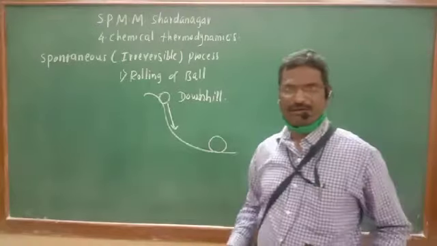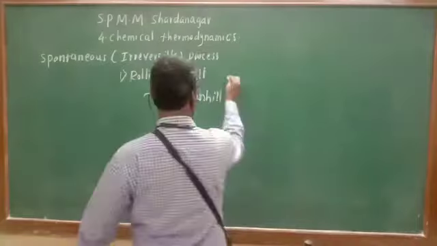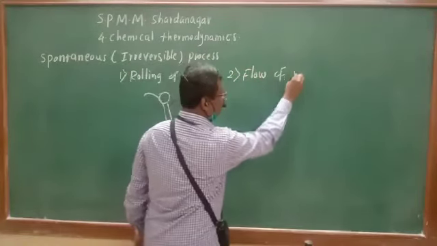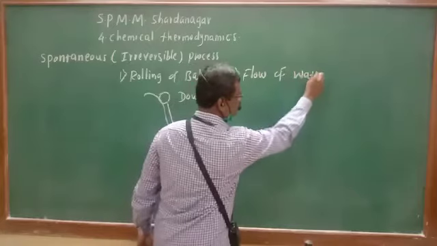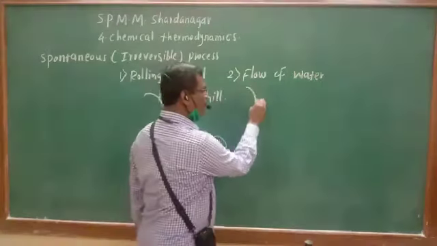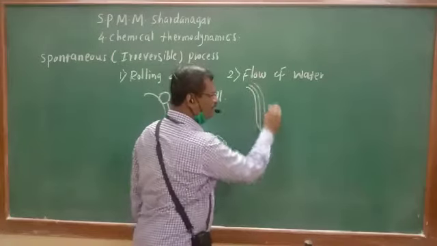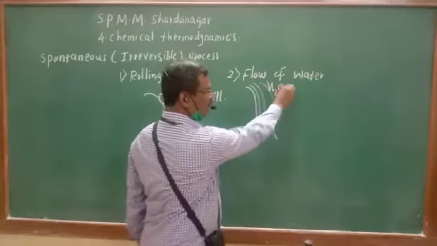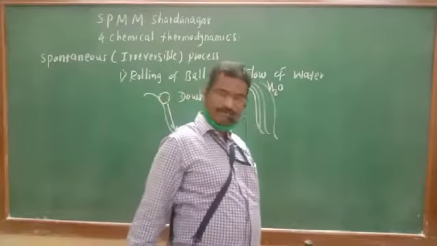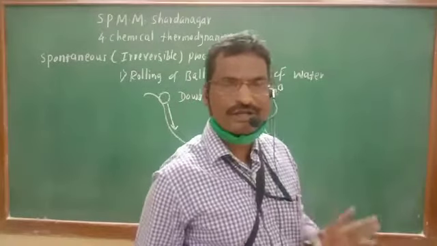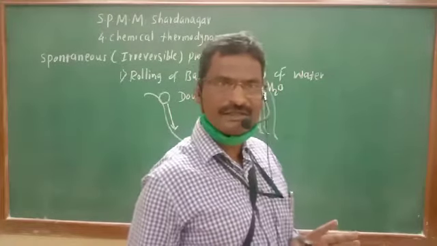Let us consider another example: flow of water. We know the flow of water always takes place from higher level to lower level. Water flow takes place on its own accord without taking the help of external energy.